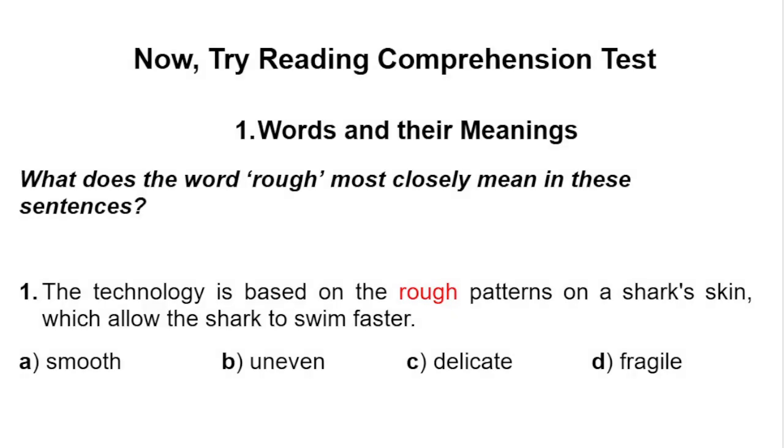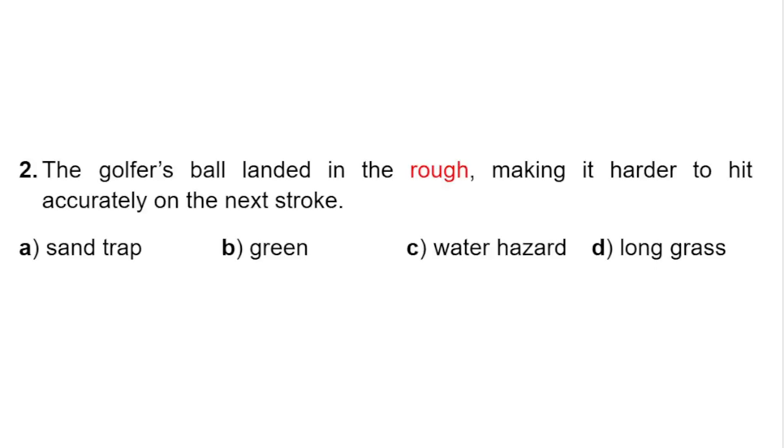Question 1. What does the word rough most closely mean in these sentences? Question 1. The technology based on the rough patterns on a shark's skin which allow the shark to swim faster. The answer is B. Uneven. 2.